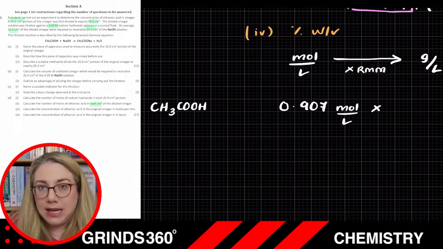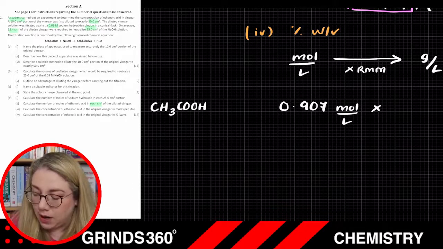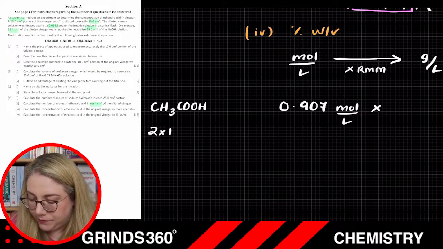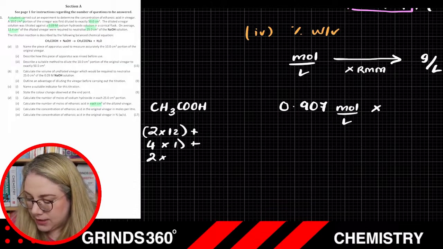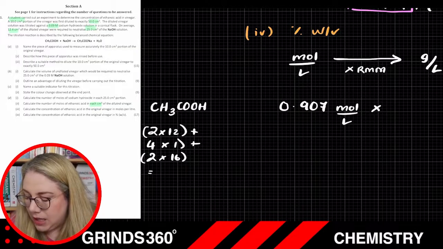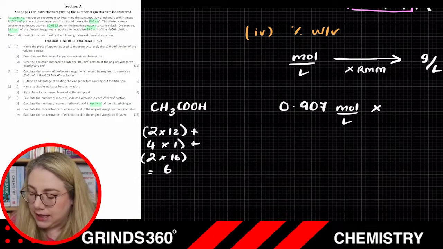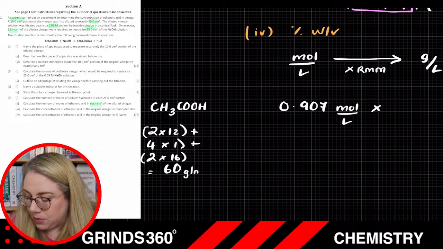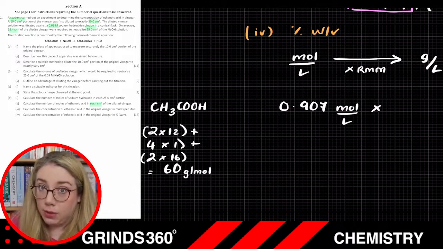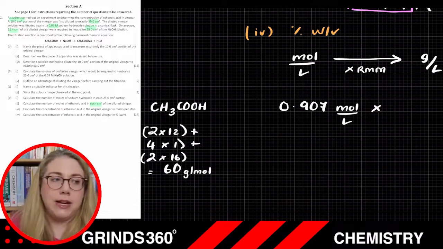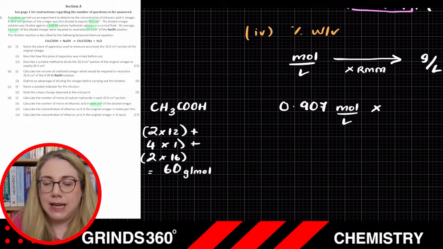We need the relative molecular mass, or the Mr of that. There's 2 carbons, so it's 2 times 12, plus 4 hydrogens, 4 times 1, plus 2 oxygens, which is 2 times 16. When you add all of that together on a calculator, you're going to get 60 grams per mole. Now, I remember that it's 60 grams per mole, but you should be working it out on a calculator. And before anybody goes, do we need to show the RMM calculation? Yes, you do.